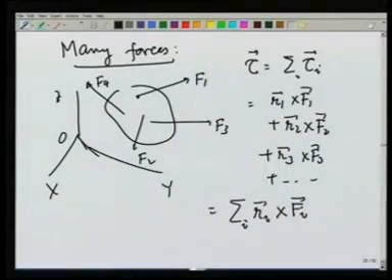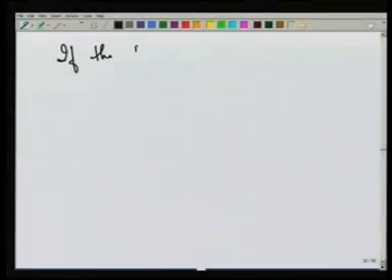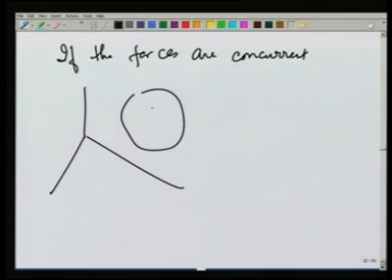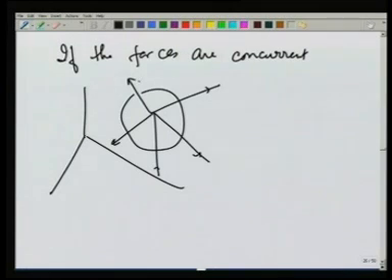If the forces are concurrent, that means they all meet at some point, this may be one force, this may be the other force, this may be the third force, fourth force, fifth force and so on, then for the torque, I can take this point where they meet to be the point about which I am going to take the torque, and therefore, this is going to be R j.